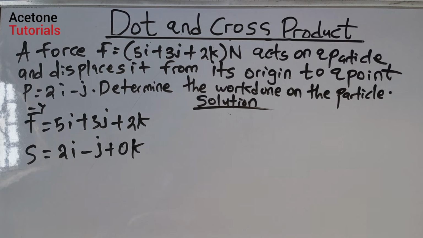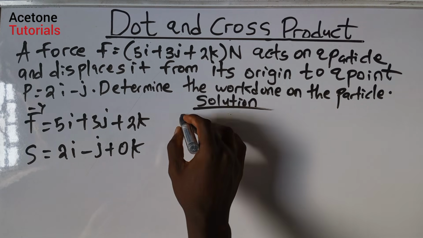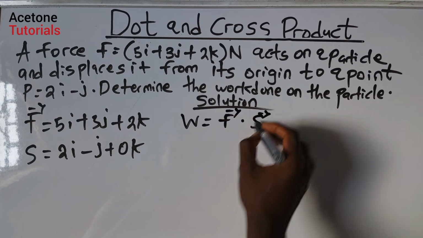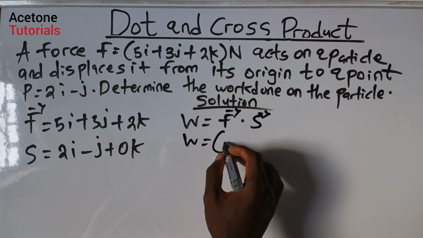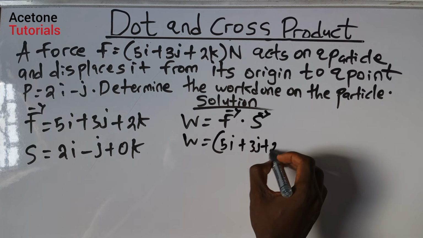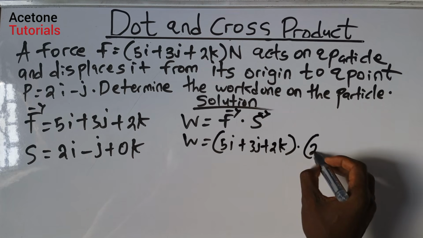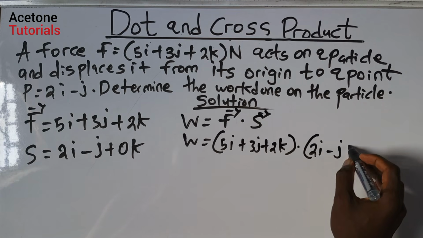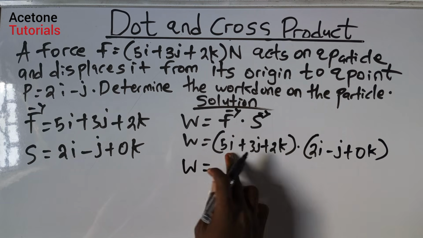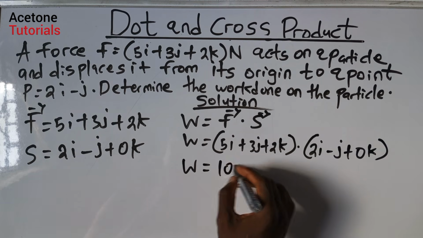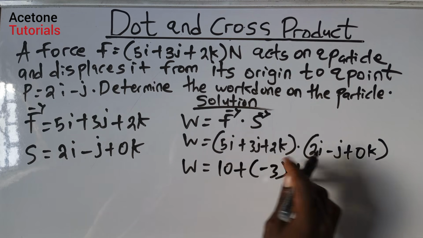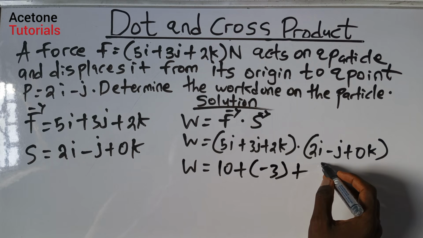Now we can go on to calculate the work done, which is F dot S. 5i plus 3j plus 2k dot 2i minus j plus 0k. 5 times 2 is 10, plus 3 times minus 1 is minus 3, plus 2 times 0 is 0.